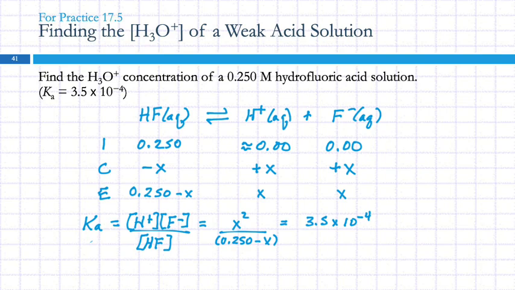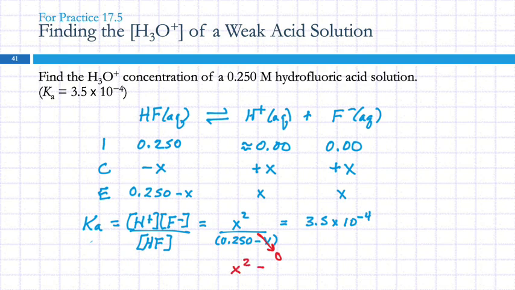So here we have one of those quadratic equations. Many times we can use the x is small approximation. I can't remember for this one if it works or not, so let's find out. If we use x is small, then x is small enough that when we subtract it from 0.25, it doesn't change anything.